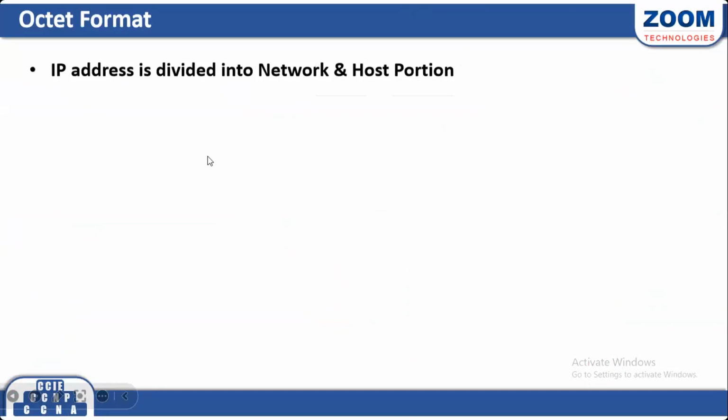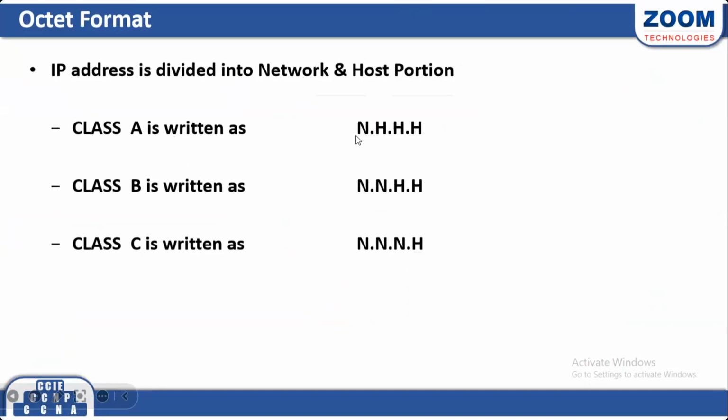So for class A, we have this octet format: network, host, host, host. Total 32 bits, but for class A only one octet is reserved for the network portion, a single octet, and 3 octets are reserved for the host portion, for the devices.